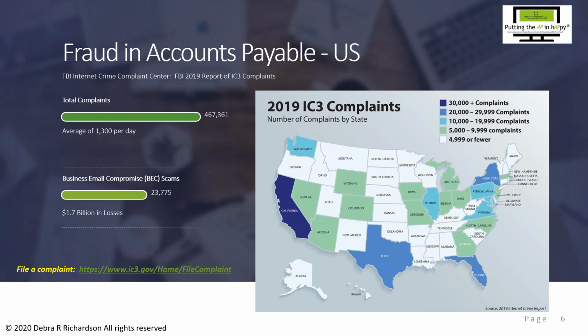Total complaints for the year average to about 1,300 per day. And of course, business email compromise scams, where a fraudster attempts to trick AP team members into believing they are a CEO or the vendor to add or change vendor bank details, diverting payments, resulted in more than $1.7 billion in losses.